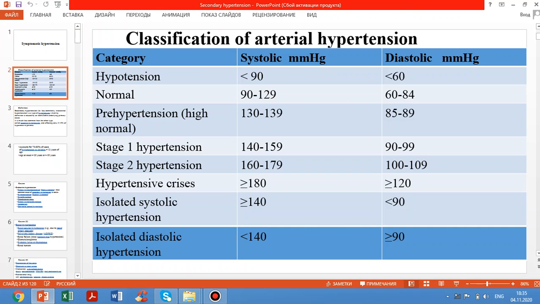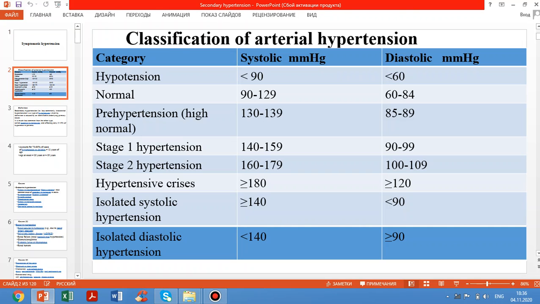Normal BP. Systolic BP is 90 to 129 and diastolic BP 60 to 84 mmHg. Prehypertension, it is systolic BP 130 to 139 and diastolic BP 85 to 89 mmHg.